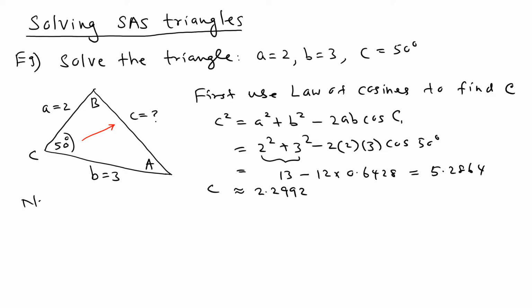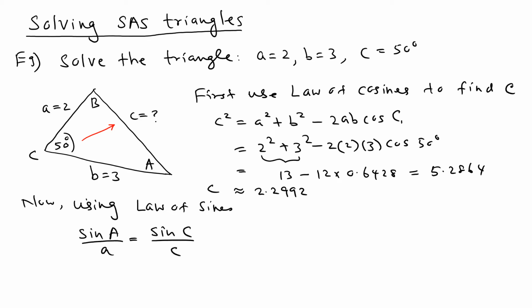So now using the law of sines, because we know a C-c pair, we can write sine A over a equals sine C over c.